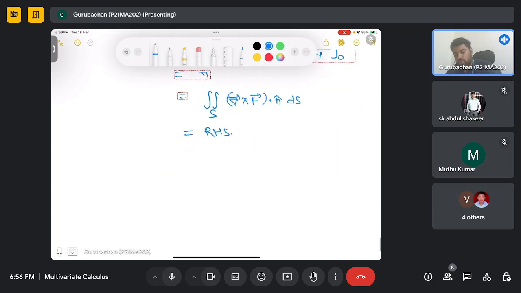Now I am giving you one more question related to this Stokes theorem. Now you will verify this.